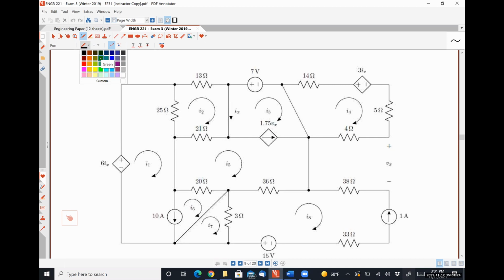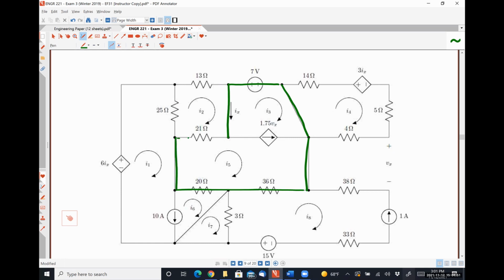So supermesh 3.5 would be, I don't want to do it in black. Let me make that line a little bit thicker. Yes, sir.